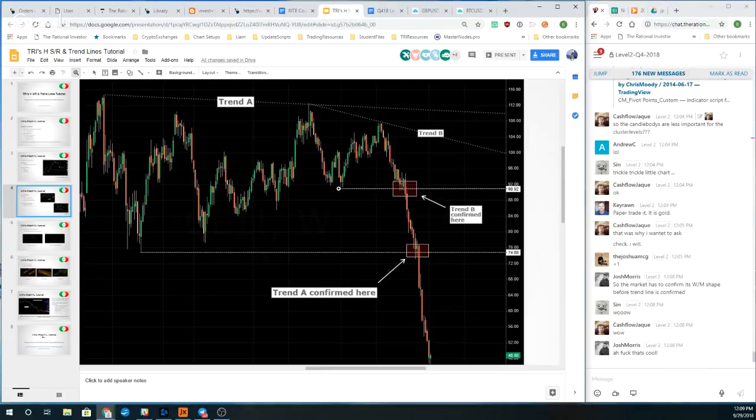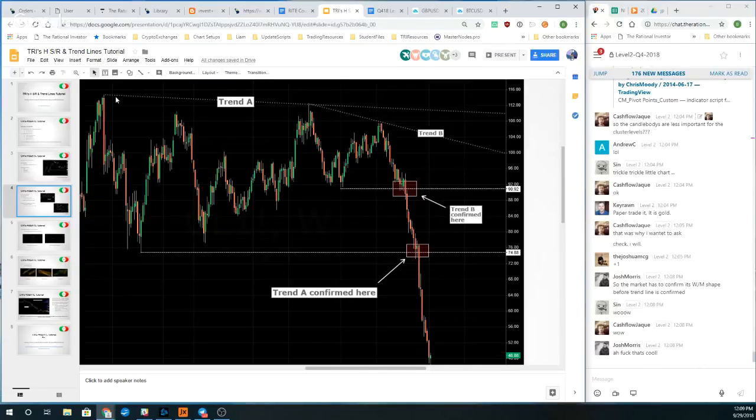So at this point right here, boom, this now trend B has been validated as a valid trend line going forward. Then this level is taken out, boom, now trend line A becomes a valid trend line, i.e. resistance going forward. But the problem here is that most people will just draw here to here off of this level, right?